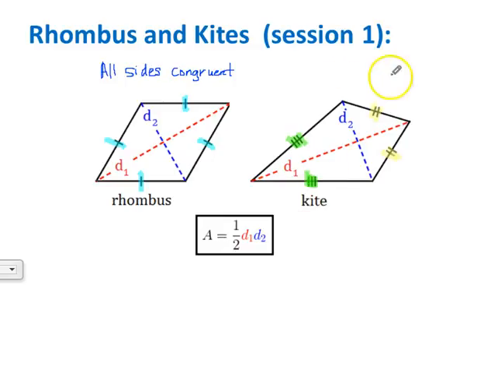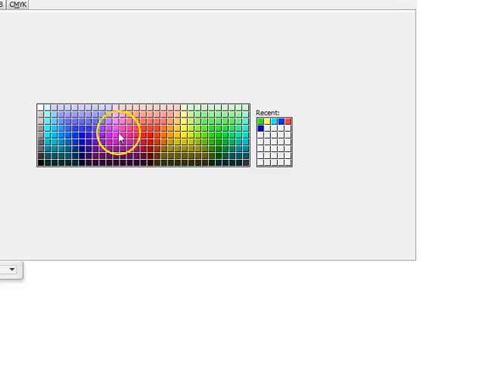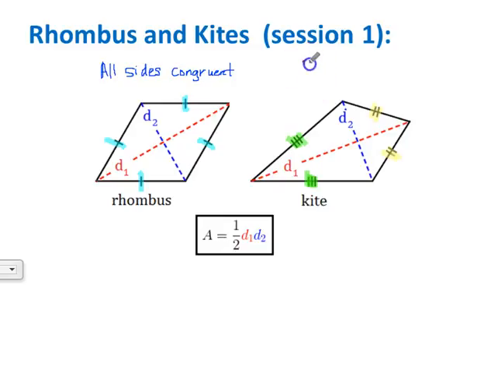In our kite, we've got 2 sets of congruent sides. These 2 sides are congruent and these 2 sides are congruent. So they are different.